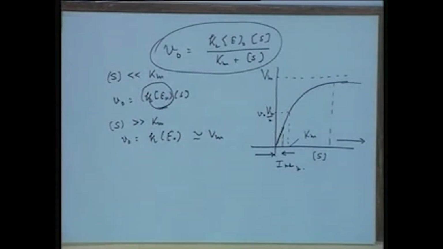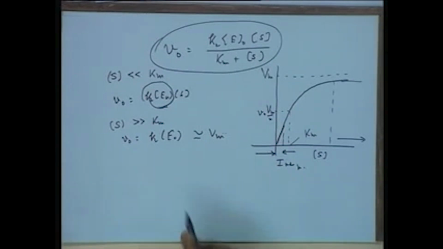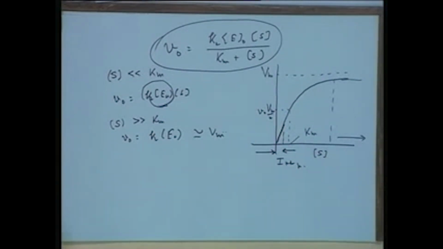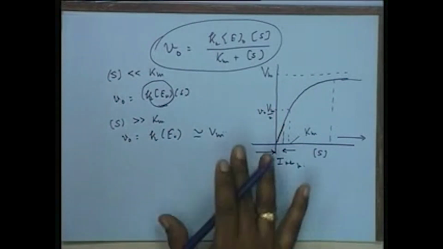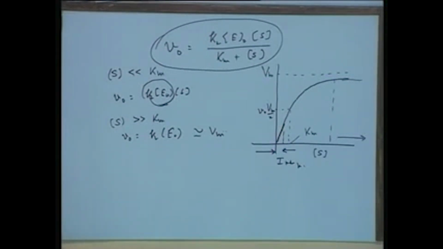For most of the analysis to understand the system, we simplify it to a 0 order or first order, and experimental data can be collected either at a very low substrate concentration range or at a very high substrate concentration range. This understanding can be used even for use of enzymes as an analytical tool or the assay of the enzyme itself. All this information can be used very significantly for those purposes.